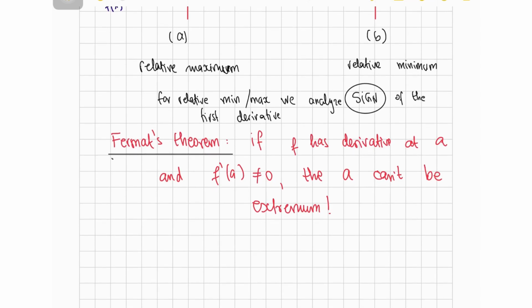The equivalent statement to Fermat's theorem is that if f has a derivative at point A, but f prime of A is different from 0, then A can't be an extremum or relative extremum or any sort of extremum. So this is just a reminder.